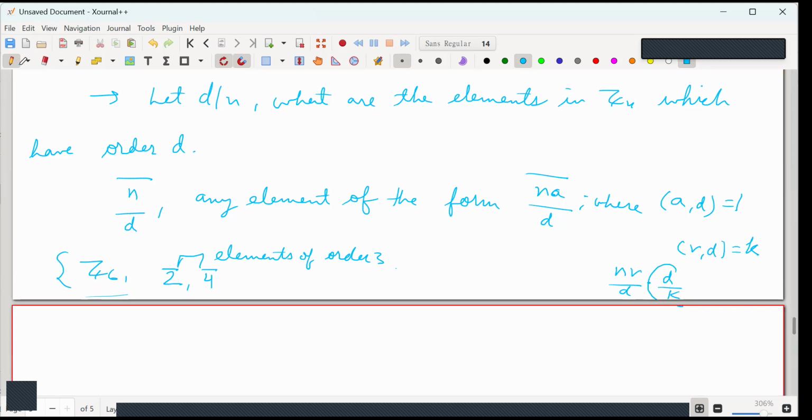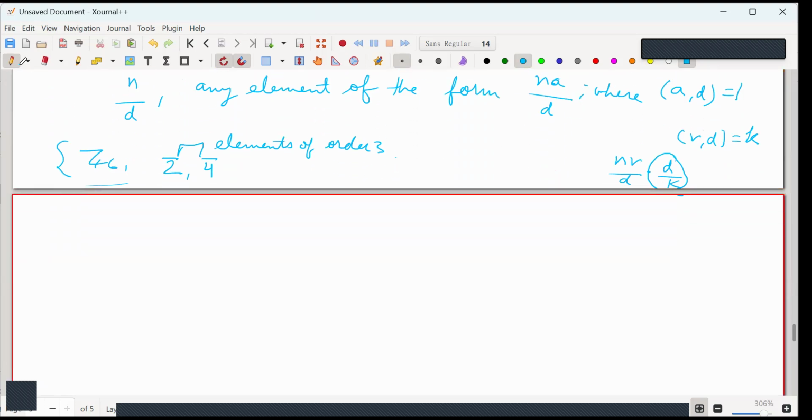So this element will have order d by k instead of d. You just give it some thought, it will be clear. So these are all the elements of order d inside Zn.